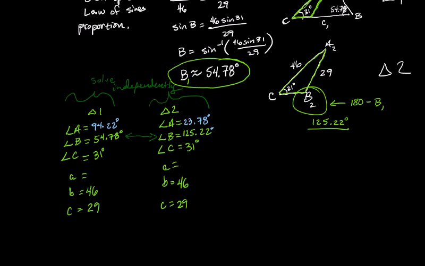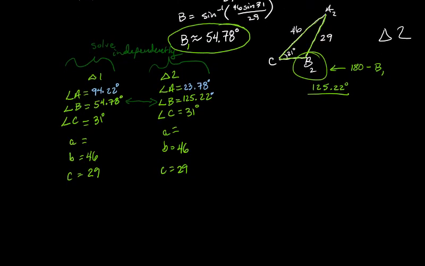I'm still treating them independently. For this last one, I've got to find side A. So I'm going to do the sine of 23.78 over A equals, and I can pick either one, I'm going with my given, sine of 31 over 29. Then I can solve it and get A right here.